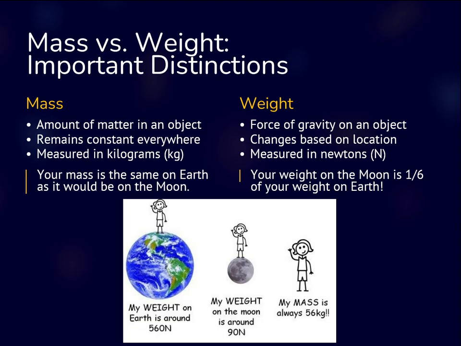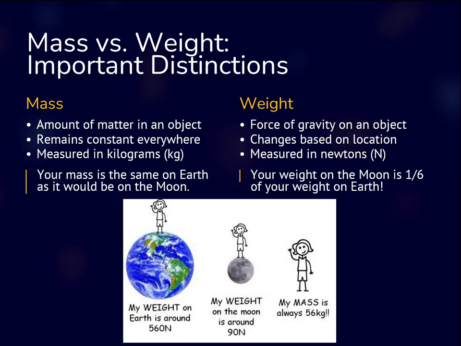It's essential to understand that mass and weight are not the same here. Mass is how much matter an object has. It stays the same whether you're on Earth, the moon, or in space. Weight, on the other hand, is the force of gravity acting on that mass.